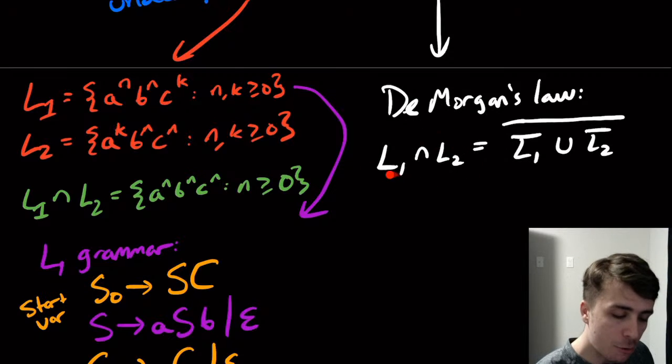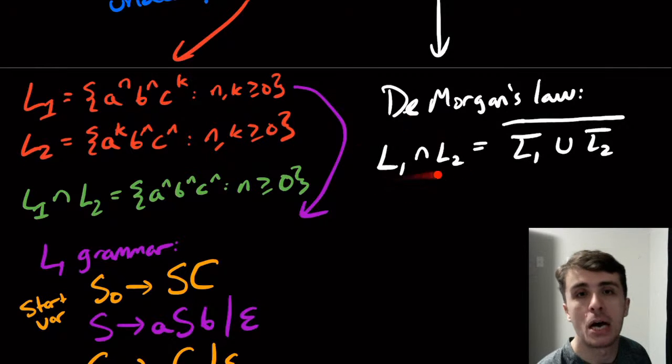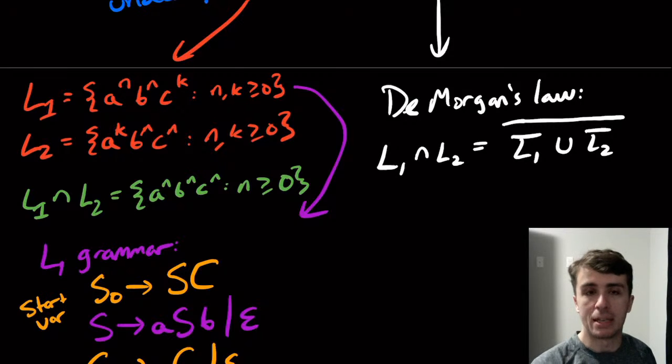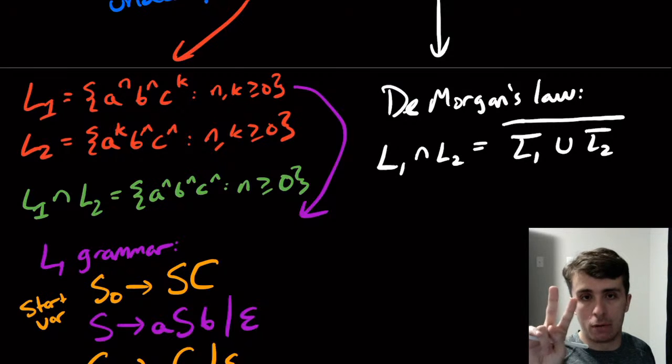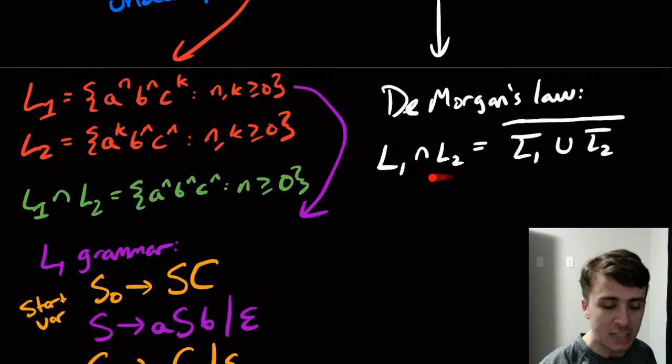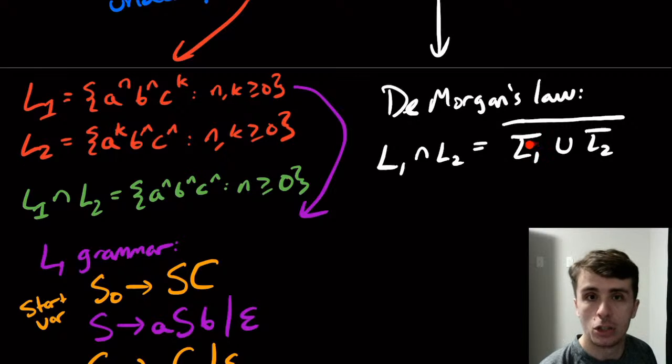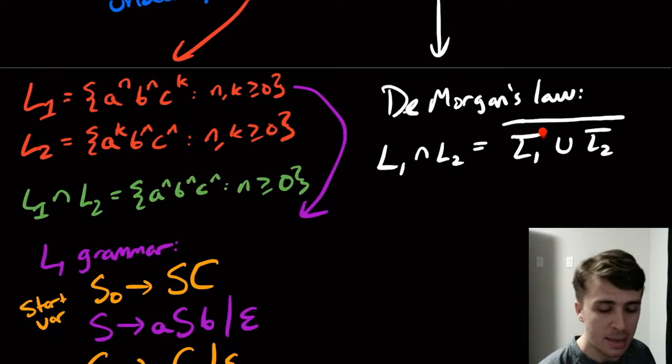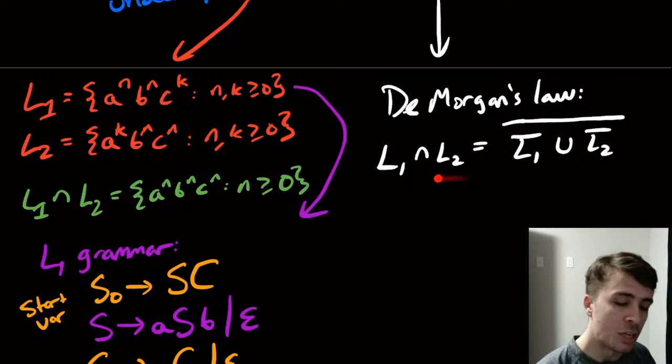But if we substitute these two languages right here, we get something that is not context-free on the other side. So that shows us that there's at least one example of two languages whose intersection is not context-free, so they cannot be closed under complement, because you result in an intersection which is not context-free.